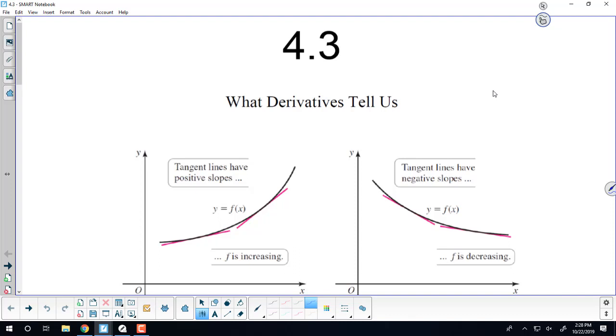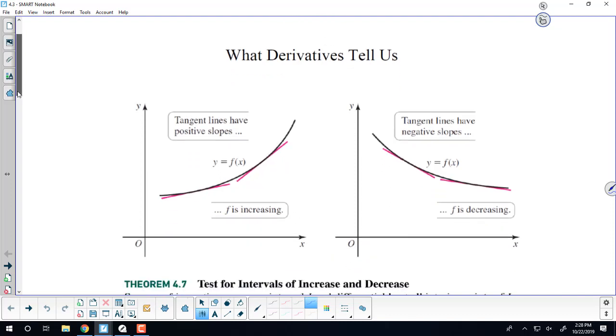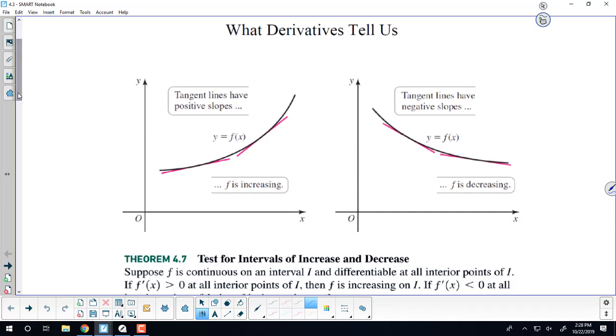So then 4.3 is entitled "What Derivatives Tell Us." And what they're going to tell us in 4.3, there's two things the derivative is going to tell us. And keep in mind, we're using the derivative to answer questions about some function that's given to us.